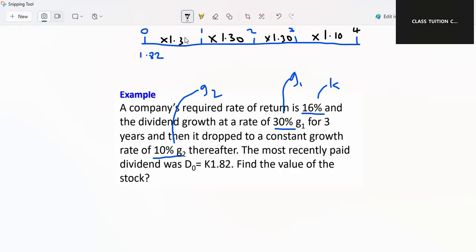So our initial was what? 1.82. So we're going to multiply 1.82 times 1.30. So here we're going to have 2.366. Again, the answer times 1.3, here it will take us to 3.0758. And then we multiply our answer again times 1.3, we get 3.99.